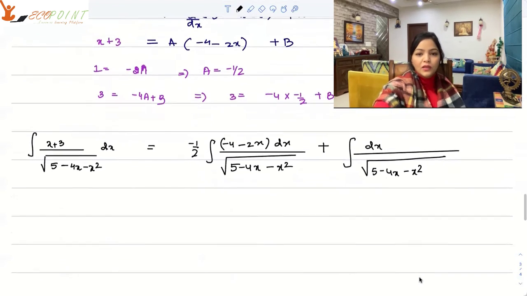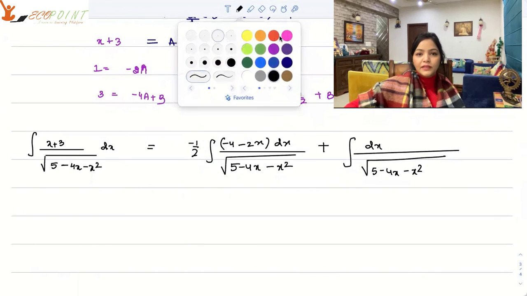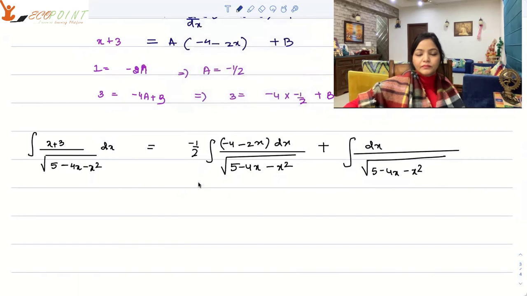Okay. So this is your I1, the first integral we can take as I1, and this is I2.